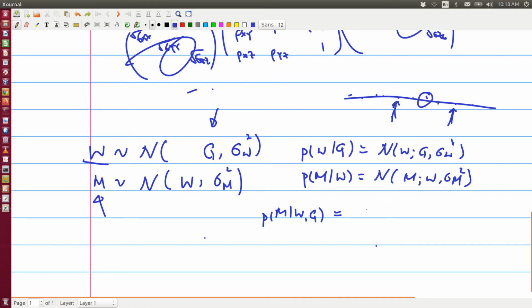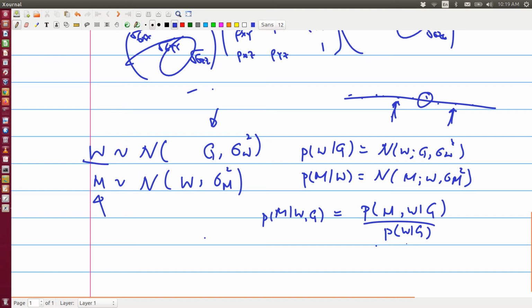So this will be like P of M given W times P of W given pi, over P of M given pi, right? So this is just Bayes rule here.